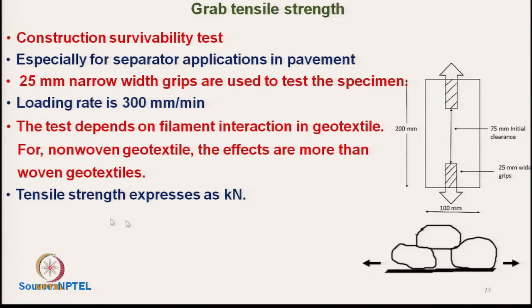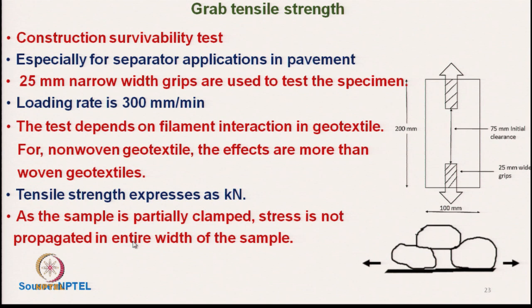Tensile strength is expressed in terms of kilonewton here. It is not like wide width tensile test where we express in terms of Newton per meter or kilonewton per meter. As the sample is partially clamped, so this sample is not clamped fully, as I have mentioned. Out of 100 millimeter width, we grip only 25 millimeter at the center.